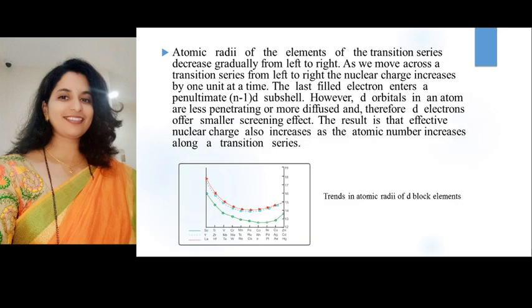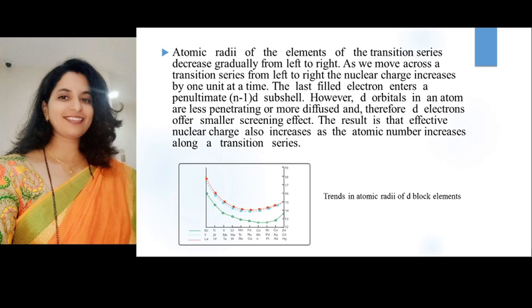Let's see the trends in atomic radii of d block elements. Atomic radii of the elements of a transition series decrease gradually from left to right. As we move across the transition series from left to right, the nuclear charge increases by 1 unit at a time.